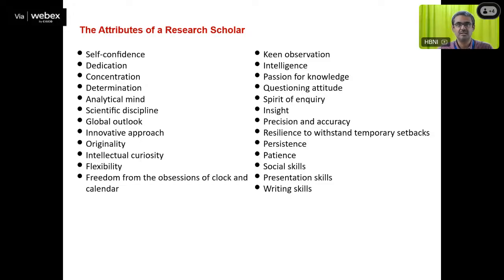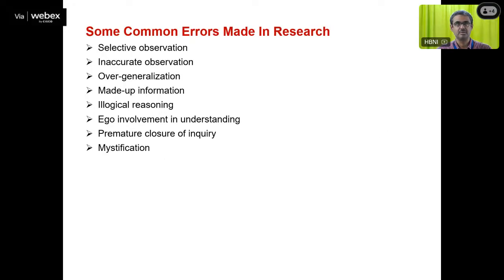We should question, have keen observation, be determined, dedicated, concentrated, and have discipline. We should do original research and have the flexibility to consider others' opinions. So these, I think, we should have for good research output.